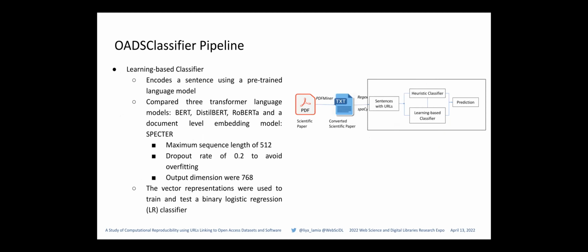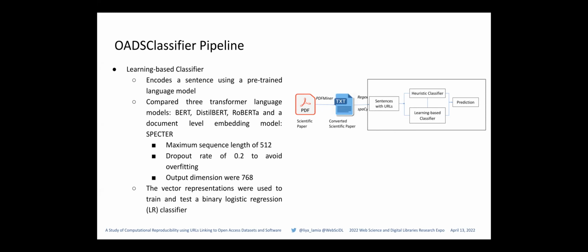After that, here comes the learning-based classifier. The purpose was to encode the sentences we have using a pre-trained language model. In our work, we compared 3 transformer language models, which are BERT, DistilBERT, and RoBERTa, and a document-level embedding model, which is SPECTER.